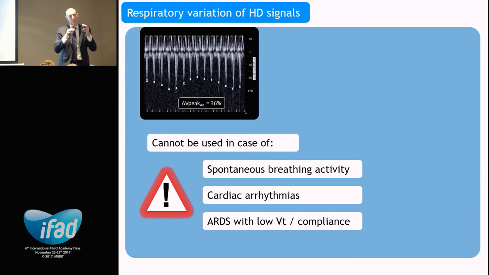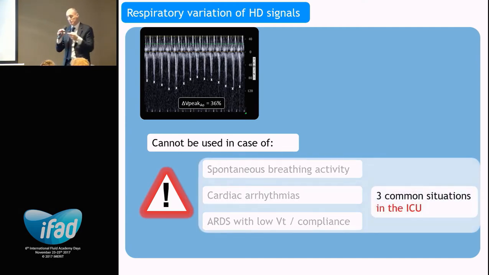In these situations, it is not possible to use PPV or stroke volume variation with the VTI with echo. And you will agree with me that the problem is that it's not uncommon, especially in the ICU, so many patients are ventilated with low tidal volume, are not deeply sedated, and are arrhythmic.